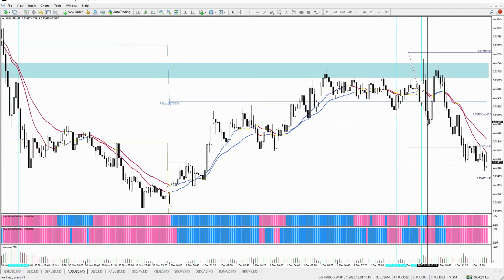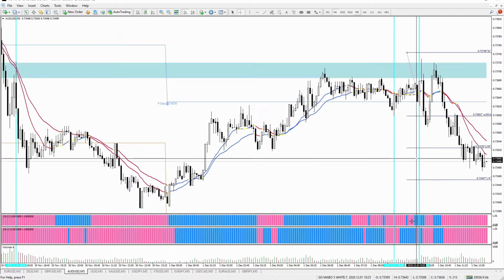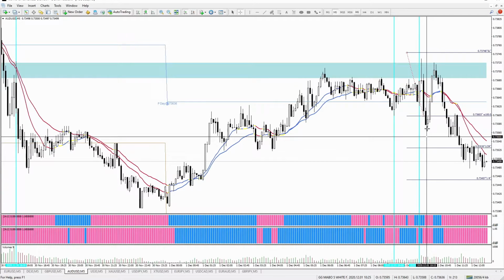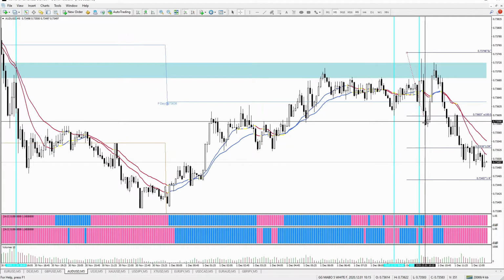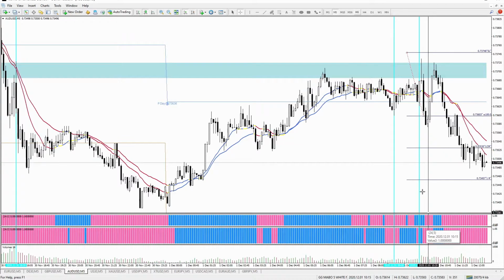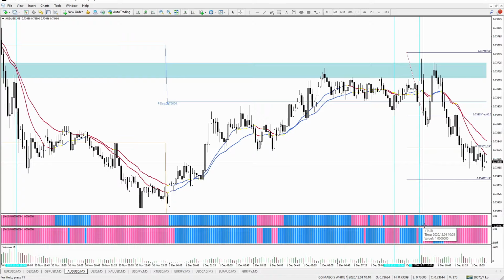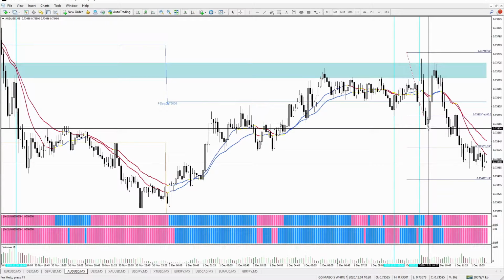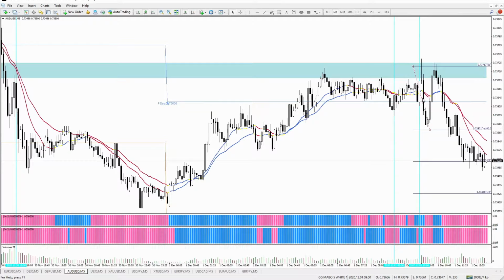One good point of this system of signals is that if you use this particular signal, you wouldn't be allowed to go short until here. And here, actually, with the buffer that we then use, you would have been triggered.